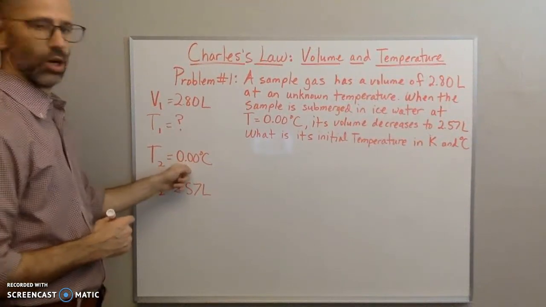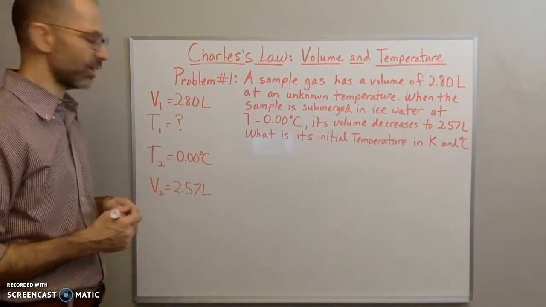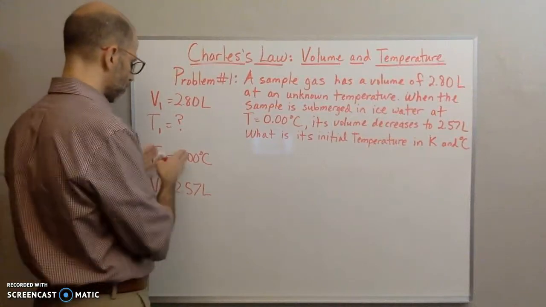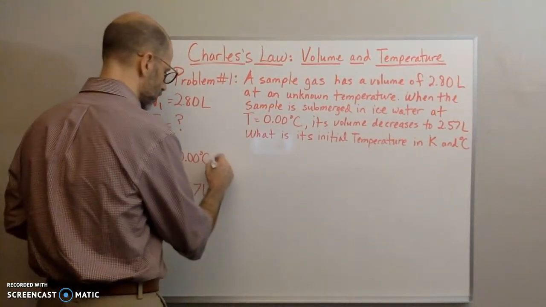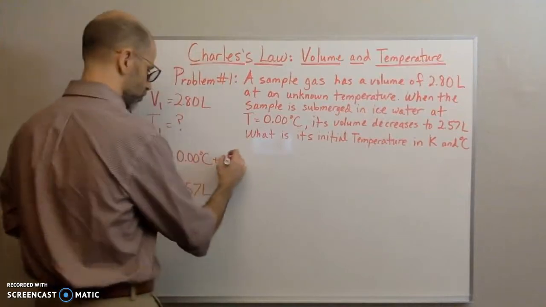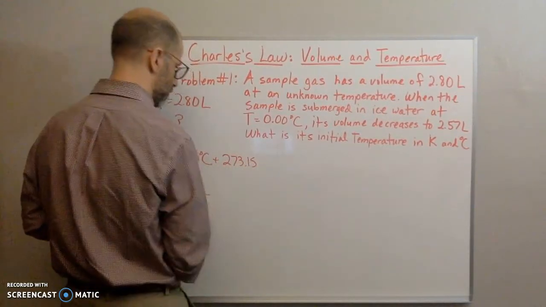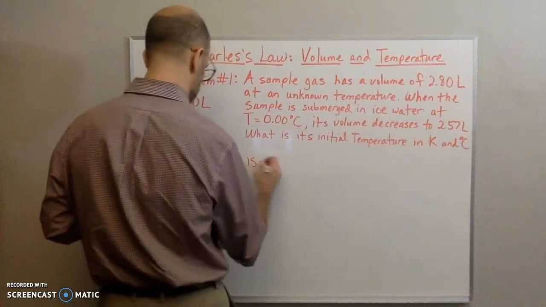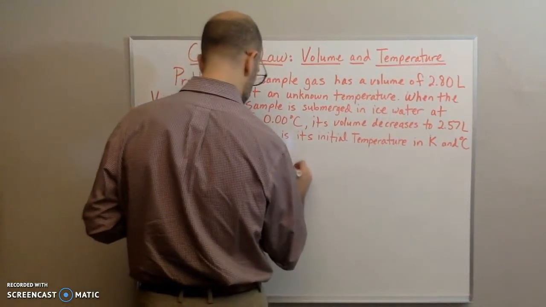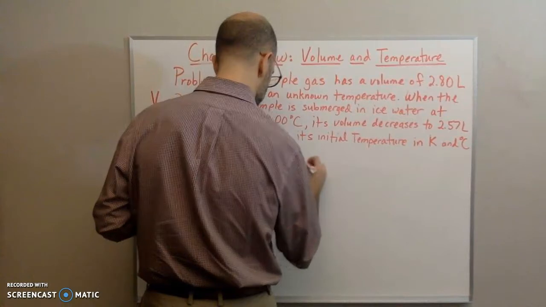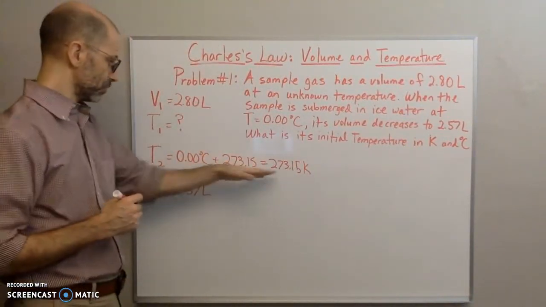Our liters are the same, so we don't need to worry about the unit for volume, but we need to convert temperature from Celsius to Kelvin, and that's easily done. You always convert from Celsius to Kelvin by adding 273.15. So 0 plus 273.15 gives you 273.15 Kelvin.